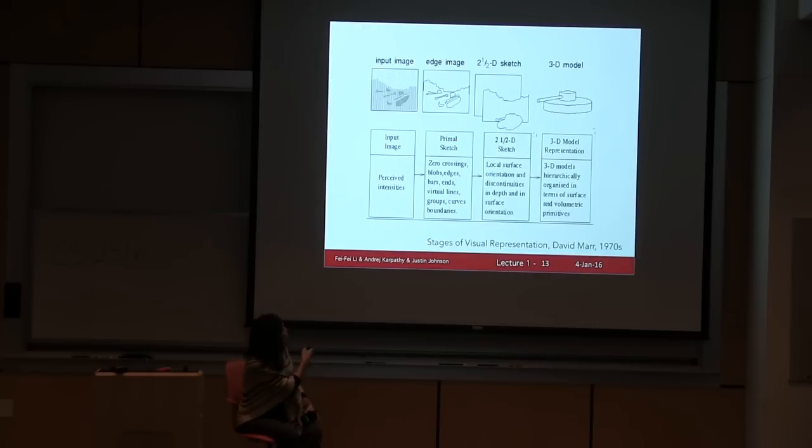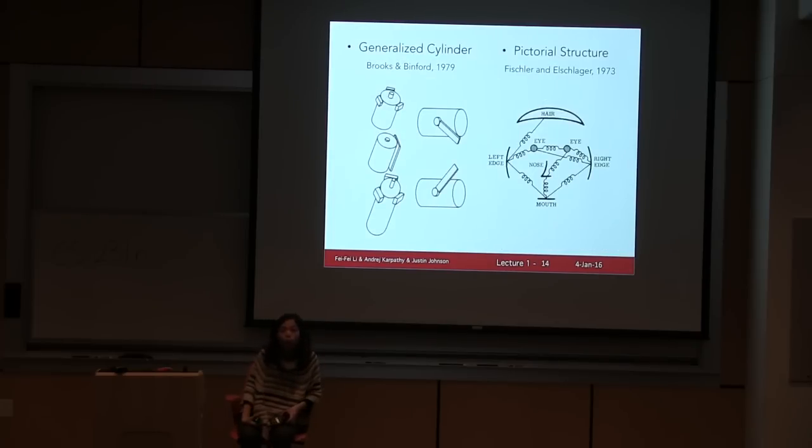No matter how you represent the stages, the goal here is to reconstruct that 3D model so that we can recognize objects. And this is really sensible because that's what we go to the world and do. Both of these two influential works come from Palo Alto. One is from Stanford, one is from SRI.